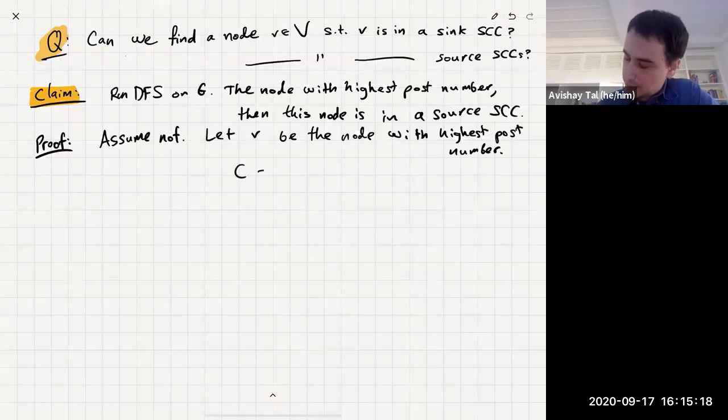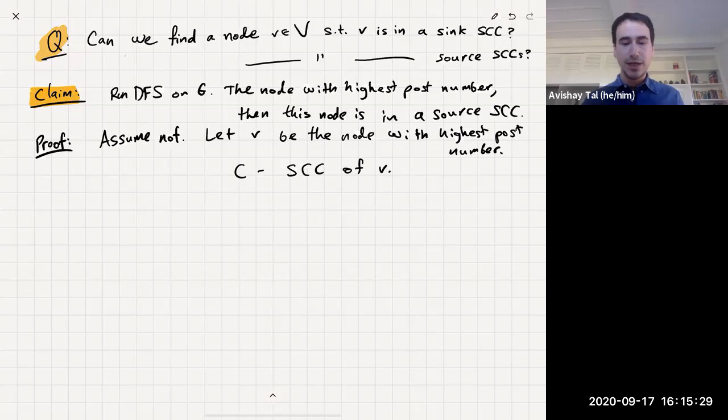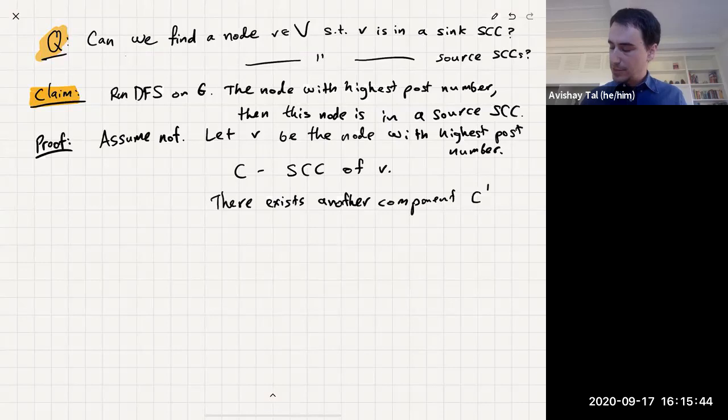Denote by C the strongly connected component of V, and we assume that C is not a source. So what does it mean? It means that there exists another component, C prime, such that C prime has an edge to C in the meta graph, right? I mean, if there's no such C prime, then C is a source and we're done, right? So let's assume that C is not a source. There must be another component, C prime.